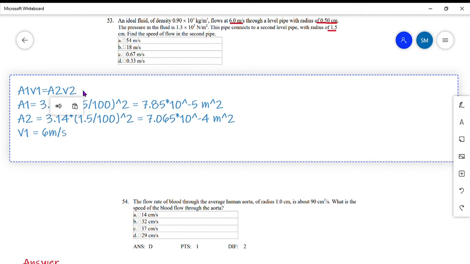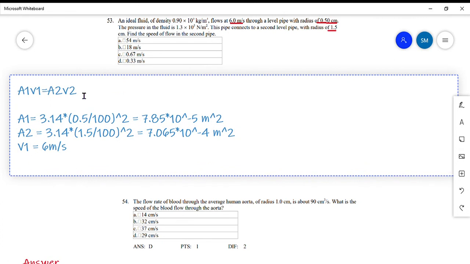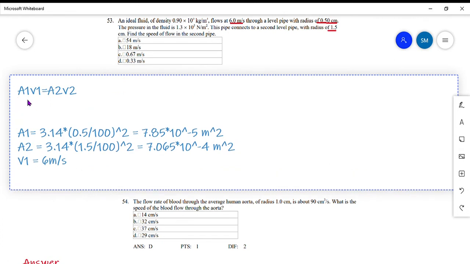After this, we will substitute in this rule. A1, which we just calculated, is 7.85 times 10 to the power negative 5, times 6, equal to A2, 7.065 times 10 to the power negative 4, times V2.